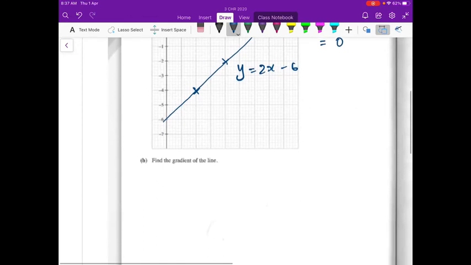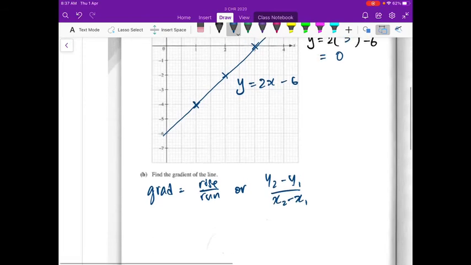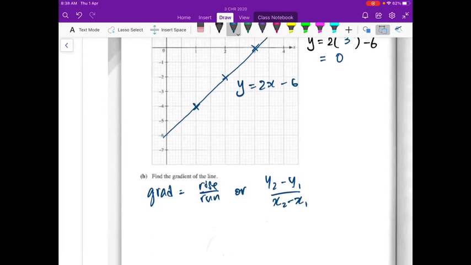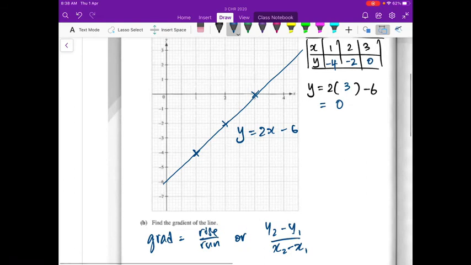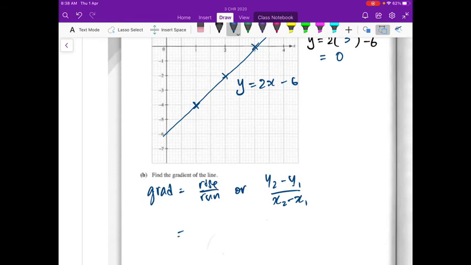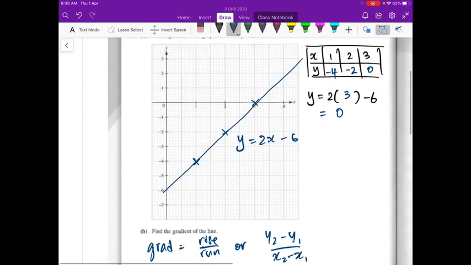Okay, yeah, gradient. There are a few ways to do it. Gradient is rise over run, or y2 minus y1 over x2 minus x1. They are actually the same thing. But for this, you need the x and y coordinates, which you can choose from the graph. The easier way is just 2. How do you get 2?